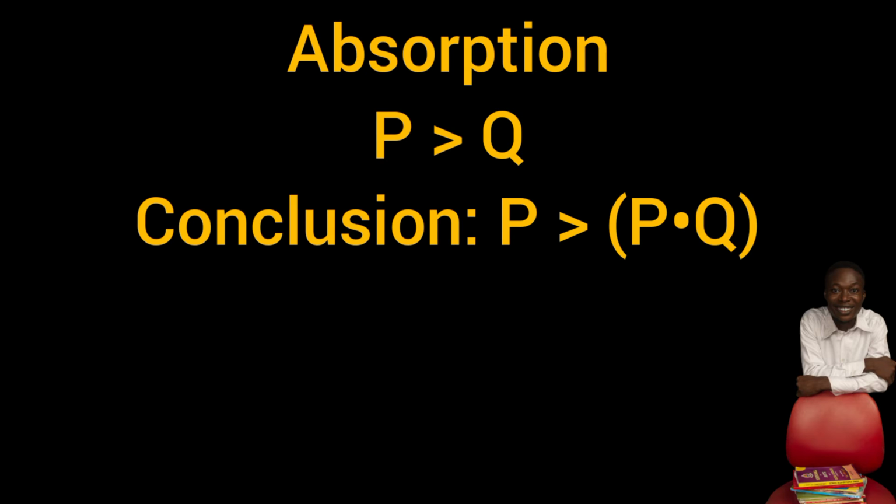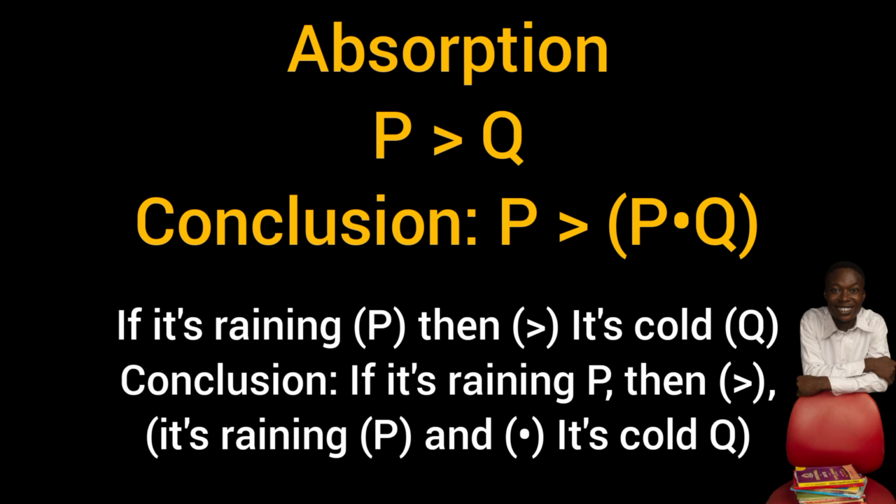Okay, so the next rule is the absorption, right? This rule states that P implies Q, therefore P implies open brackets P and Q, close brackets. So P implies Q is the premise. The conclusion is P implies open brackets P and Q. Now we could say P implies Q means if it's raining, then it is cold.